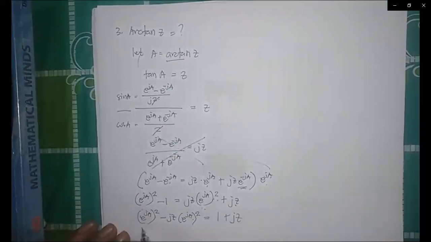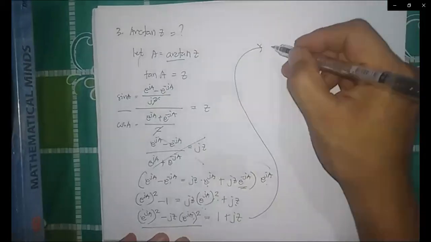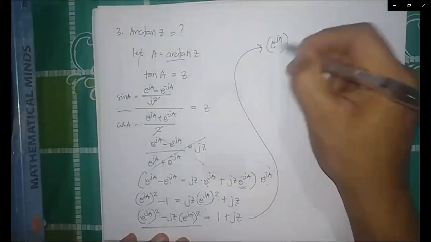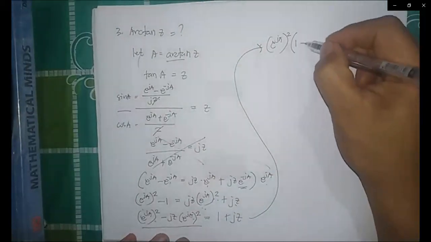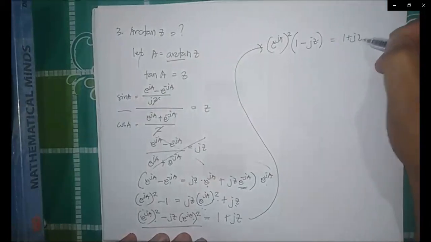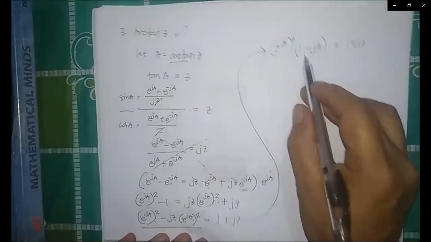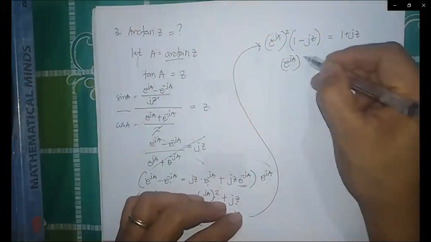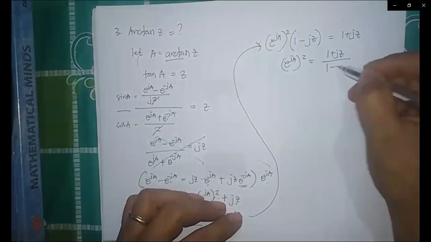Now, we will factor out the common term here, so that is e raised to ja quantity squared. So what will remain after factoring out? Yes, 1 minus jz, which is equal to 1 plus jz. Now, if we divide the whole equation by 1 minus jz, so this is e raised to ja quantity squared, divided by 1 minus jz.